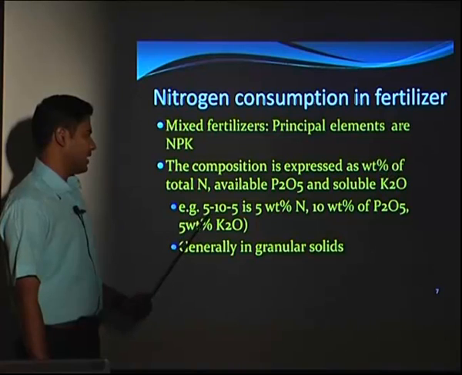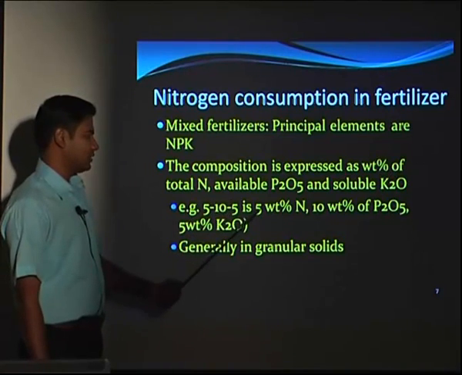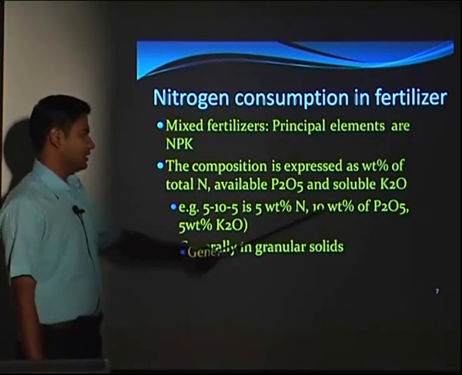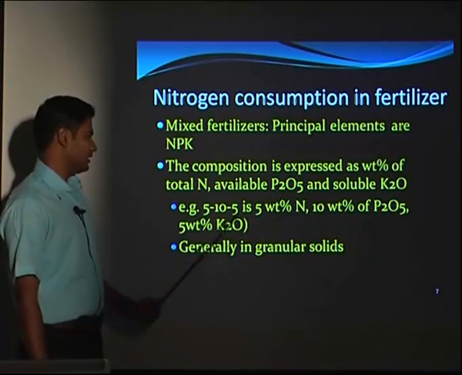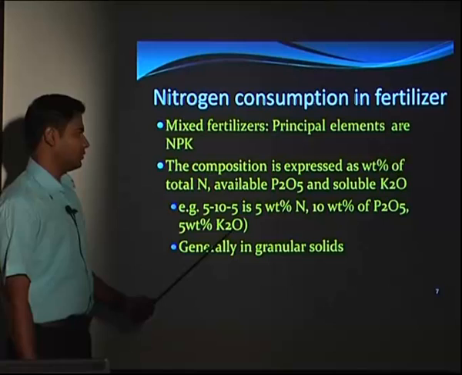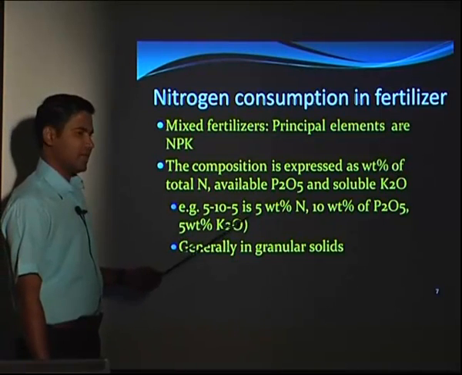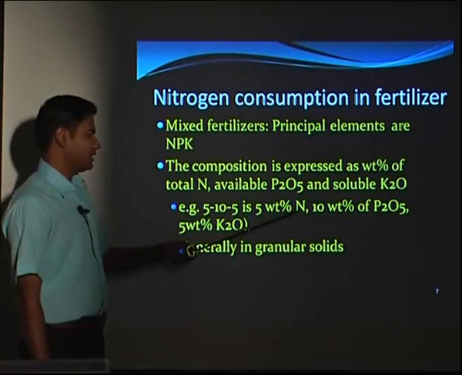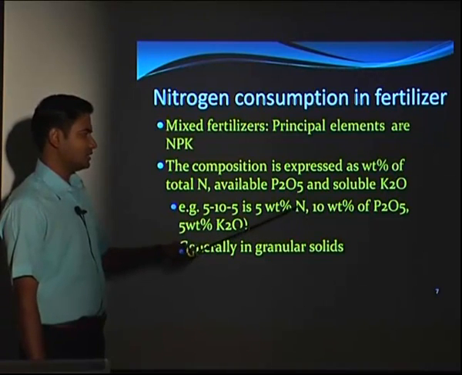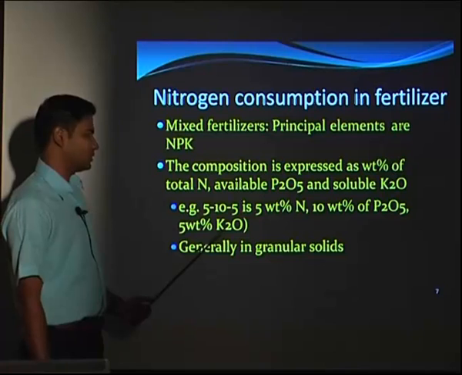Example, suppose a bag is written over here 5, 10, 5. That will denote 5% of nitrogen, then 10% of phosphorus in the form of phosphorus pentoxide, and 5% of K2O. So in a fertilizer bag, if we see this kind of number, then you can relate it: what is the nitrogen content, what is the phosphorus content, and what is the potassium content.